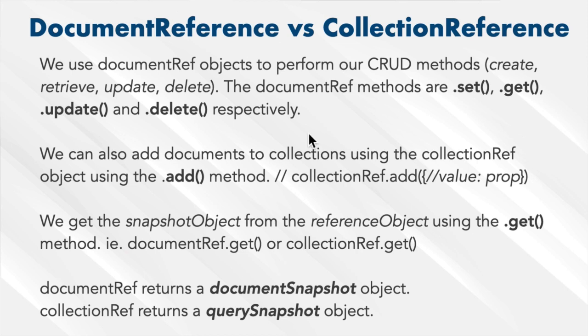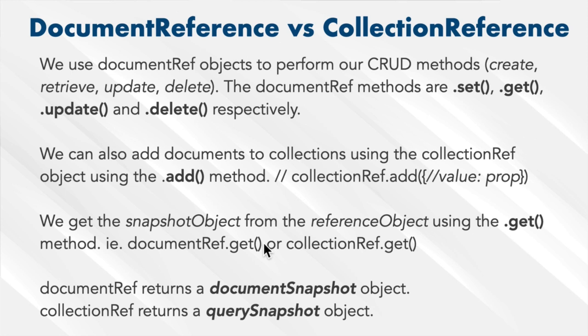Now, we get these snapshot objects with our get method, which is equivalent to the retrieve method in the CRUD paradigm. If you're unfamiliar with CRUD, CRUD is the main way that we interact with our database, which is through these create, retrieve, update, or delete methods that exist on our reference objects.